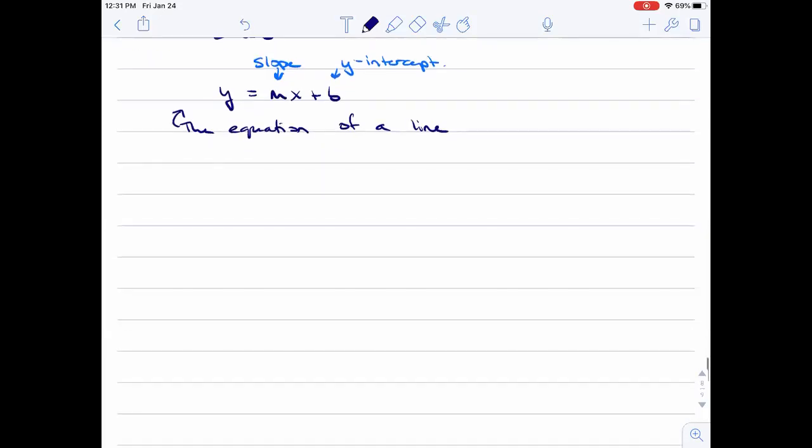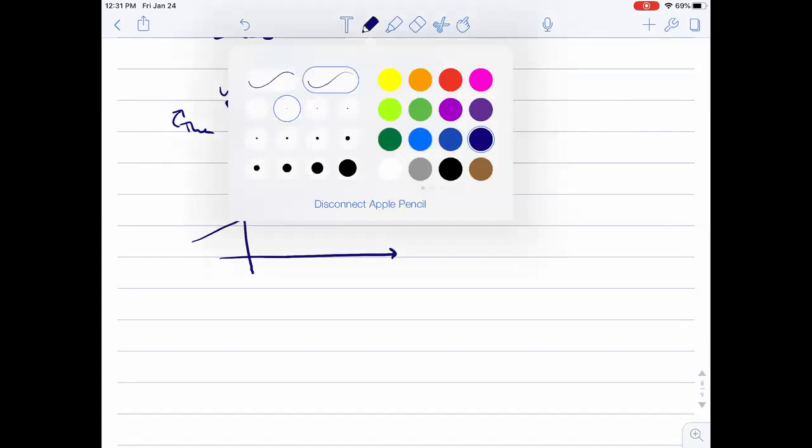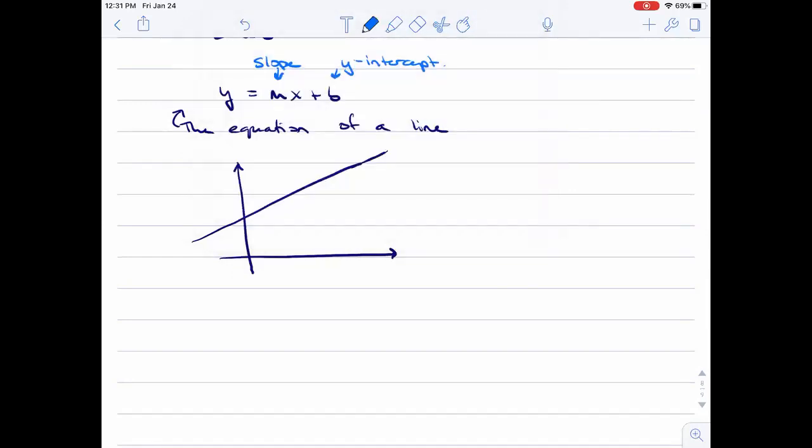And so if we have a setup like this, and we've got just any line here, to find the slope of it, we can pick any value of x, let's call it x1, and another point, call it x2.